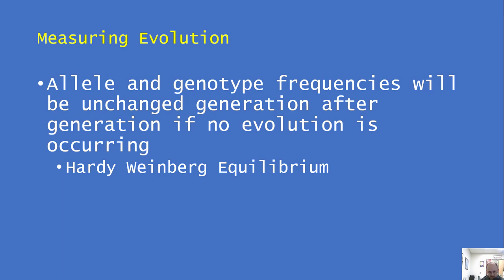Let's say it's 0.5. 50% of the color allele in this population is red. Then in the next generation, it'll still be 50%. And in 10 generations, it'll still be 50% if evolution is not affecting that particular gene. And this is known as, and can be calculated through the process of, the Hardy Weinberg Equilibrium. Things will stay balanced. Things will stay in equilibrium if no evolution is happening.